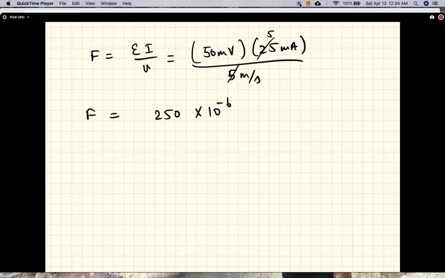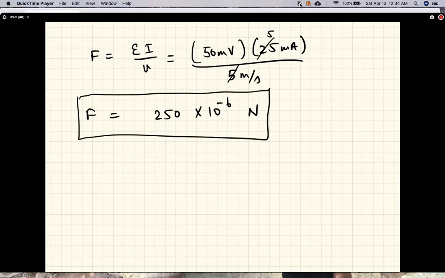Hang on a second. So volts times amperes is joules, no, joules per second. Anyway, it's volts, amperes, per meter per second. That gives you newtons. Okay, so this is that many newtons. So you have to apply a force of 250 micronewtons to pull this to the right.